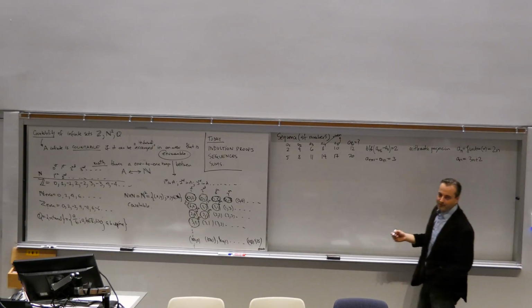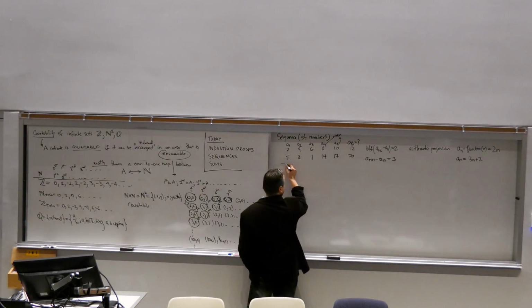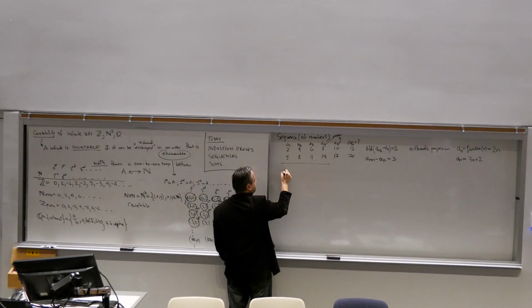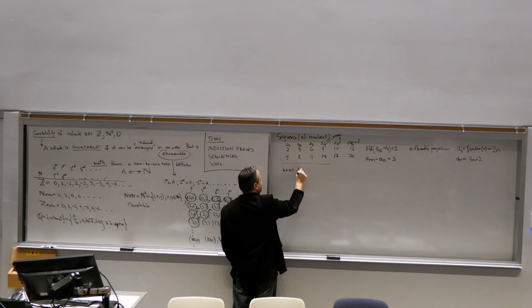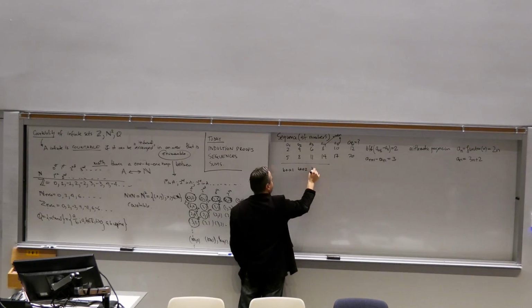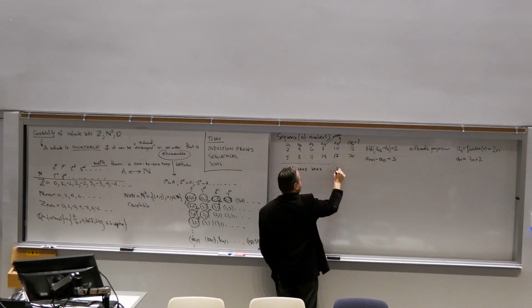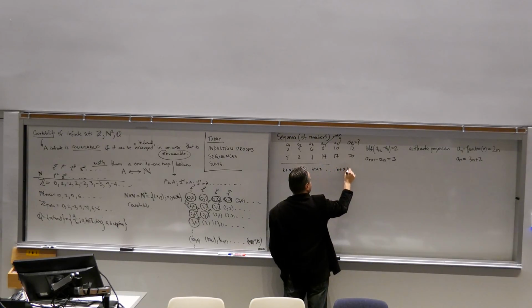So what's the general form of an arithmetic progression? It's some b term, plus a times 1, then b plus a times 2, b plus a times 3. Generally speaking, it is b plus a times the index, whatever the index is.